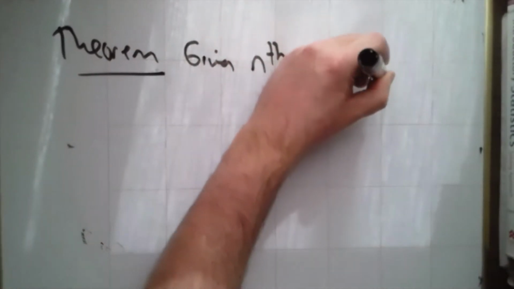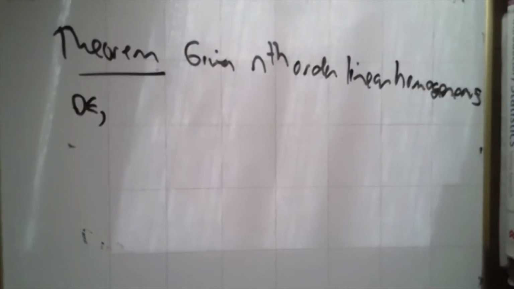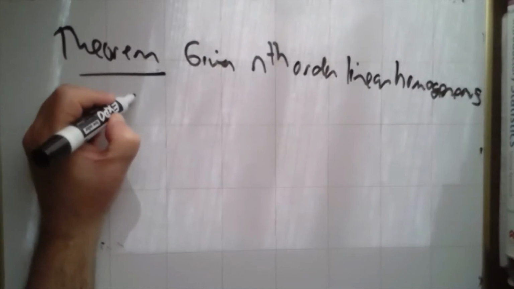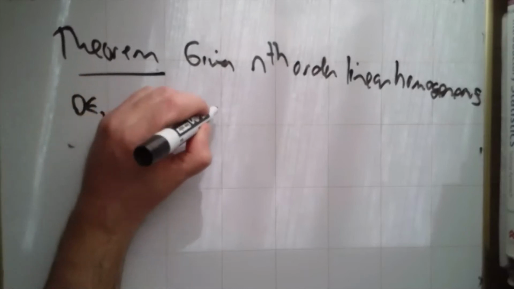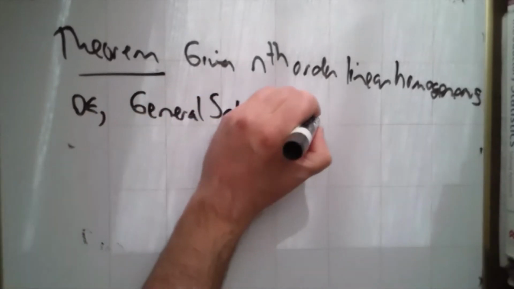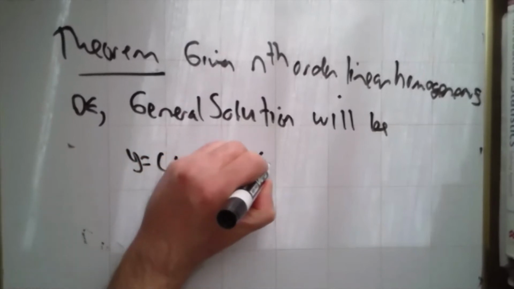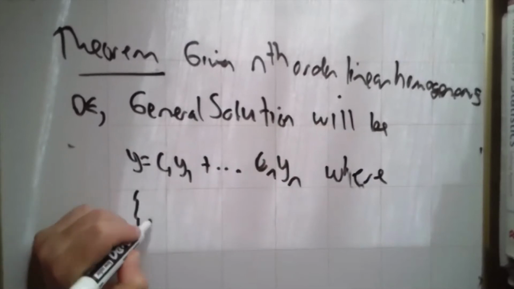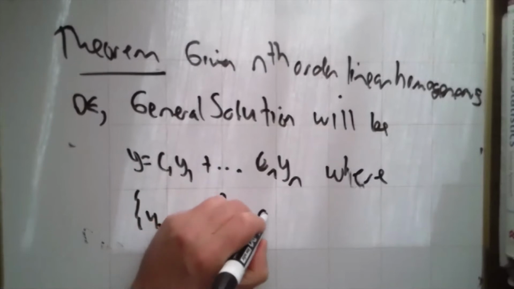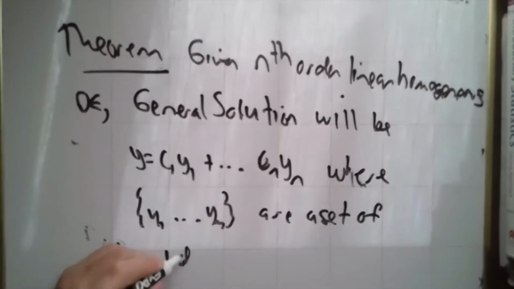Given an nth order linear homogeneous DE, the general solution will look like y equals c1 y1 plus all the way up to cn yn, where this set y1 up to yn are all solutions, and they're linearly independent.